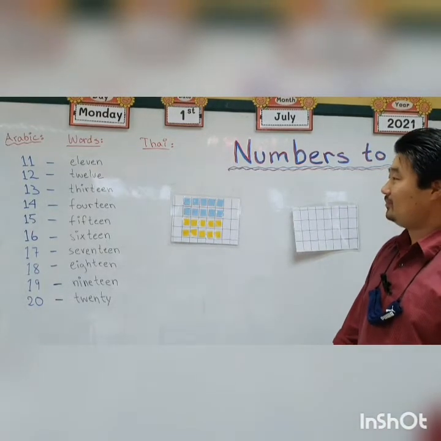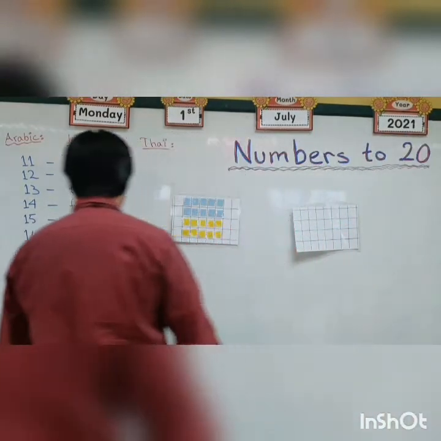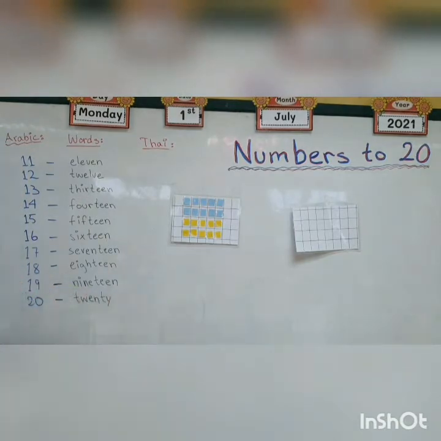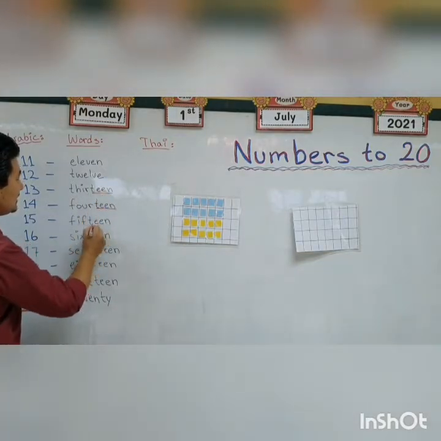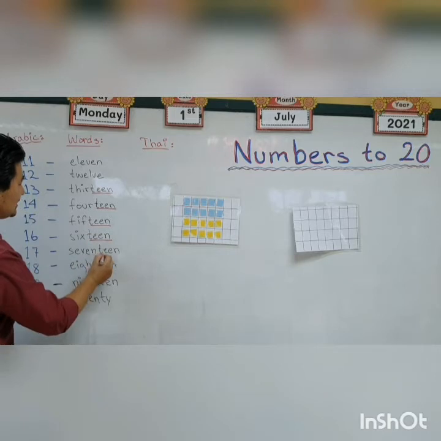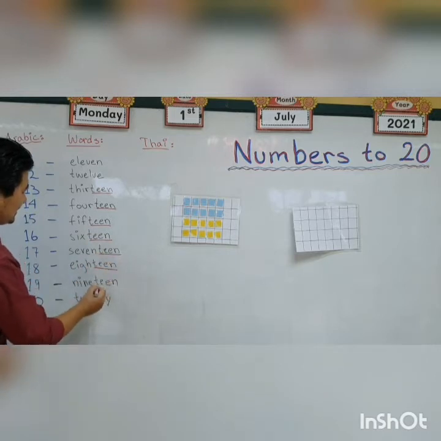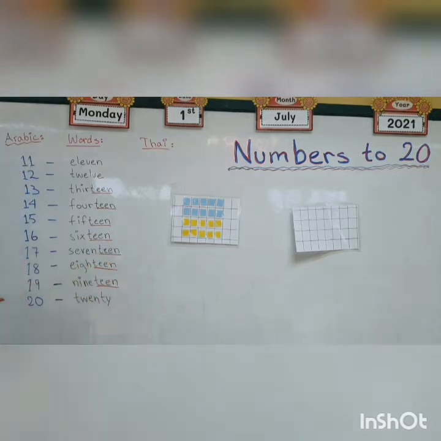Okay? But I want you to pay attention to the last part of each word from 13 to 19. Teen, yes. Teen, teen, teen, teen, teen, teen, teen. So that is the same on all of these.